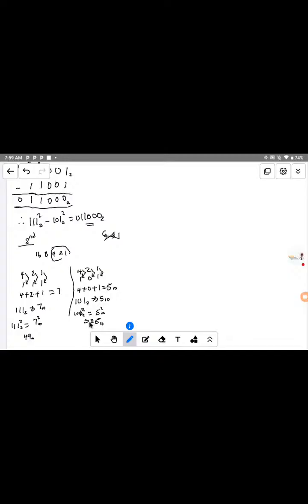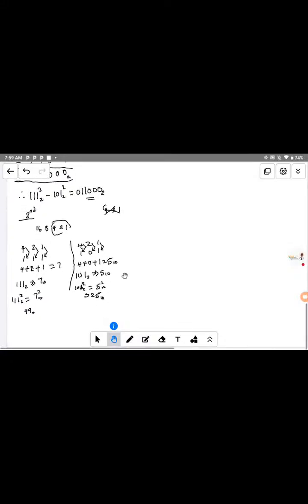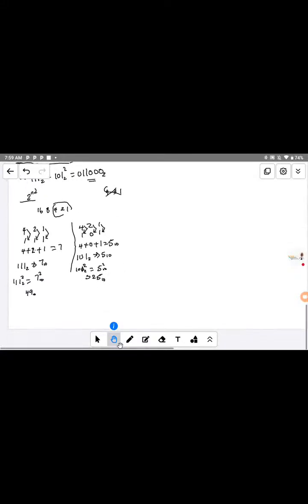Now, let's do the simple mathematics here. We have 111 squared minus 101 squared. Let's give a small space to write it there.